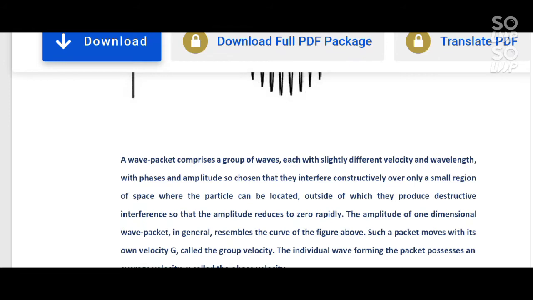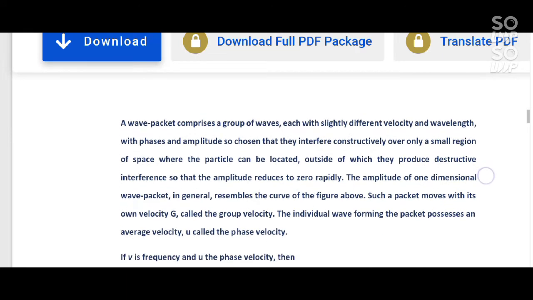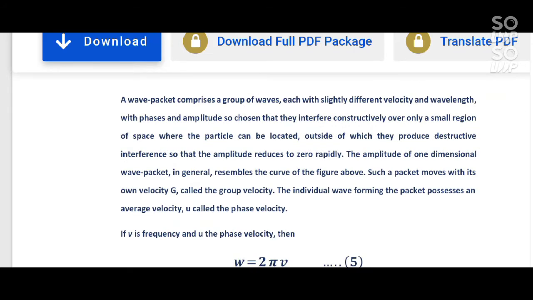The amplitude of a one-dimensional wave packet in general resembles the curve of the figure above. Such a packet moves with its own velocity g, called the group velocity. The individual waves forming the packet possess an average velocity u, called the phase velocity.